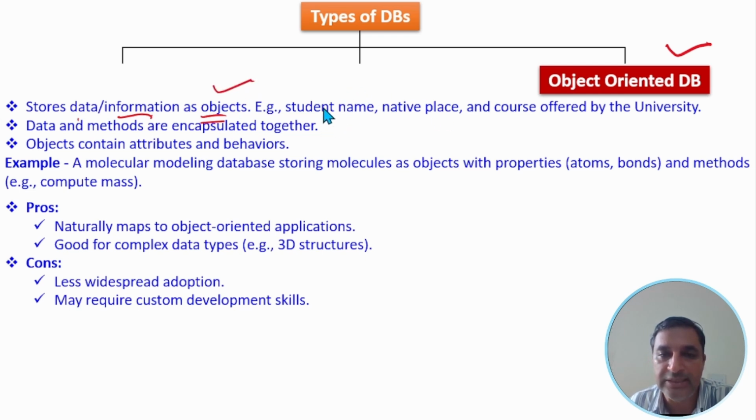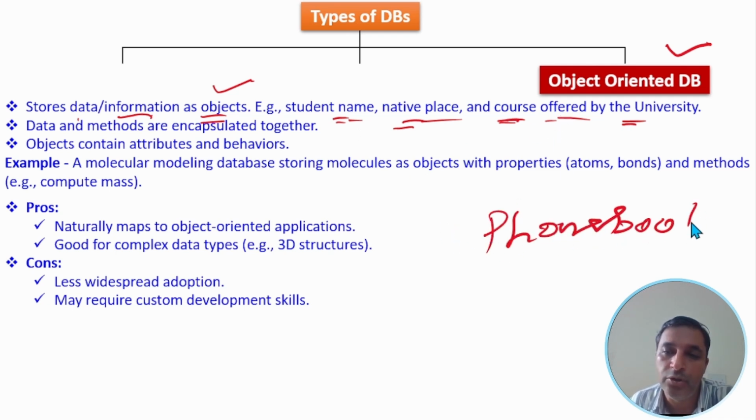Like in the previous example, we look for the student name, their address, and the courses offered by the university or the courses selected by the students. All these form the objects of that database. A specific example of an object-oriented database is the phone book in your cell phone.